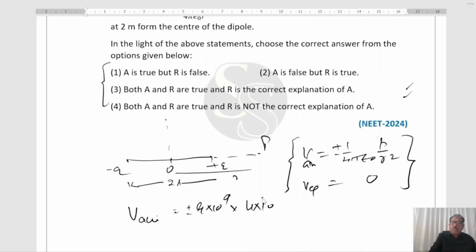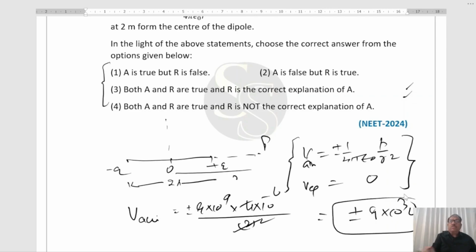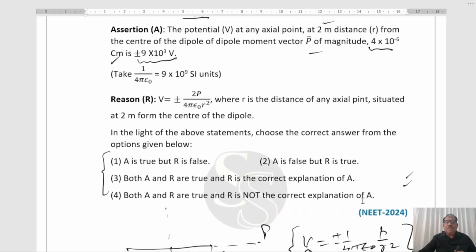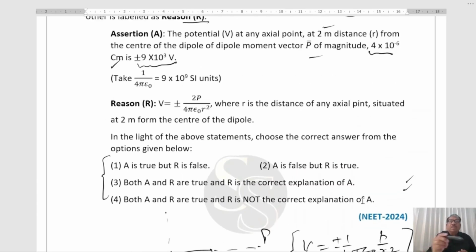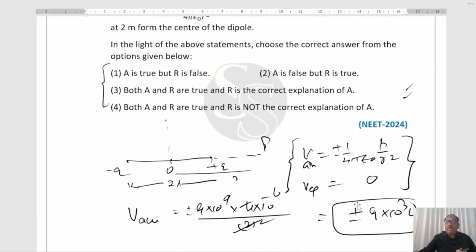Distance r, 2 square. On simplification you get plus minus 9 into 10 to the power 3 volt. This is given to you. This is the correct one.